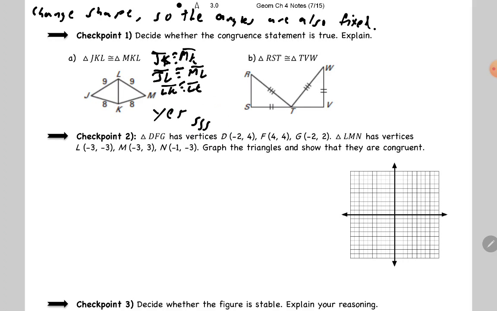Okay, let's look at RST and TVW. So RS, is that congruent to TV? So once again, I'm choosing the first 2 letters. And if those are not congruent, then the 2 triangles are not congruent. So RS, TV. Well, these are blank, so no. Unknown lengths.